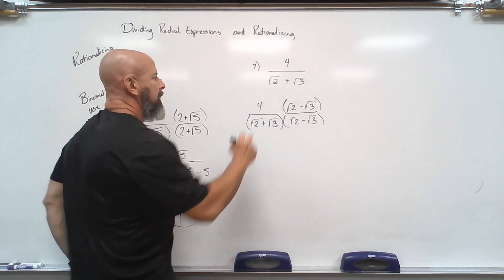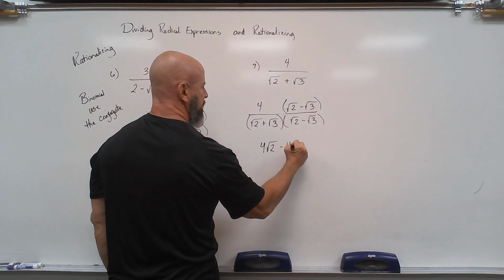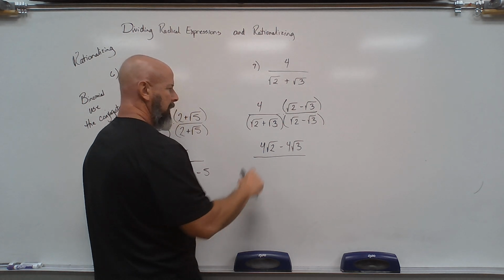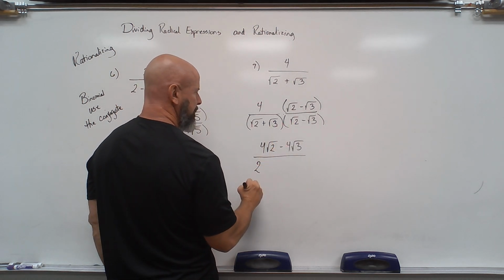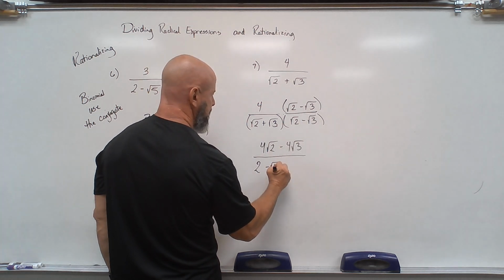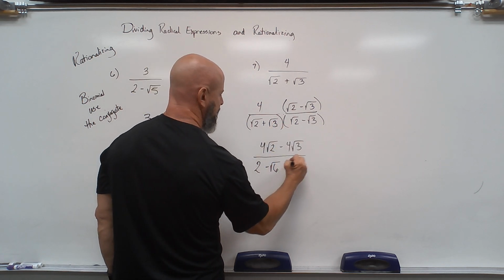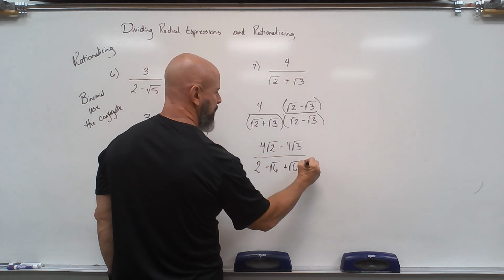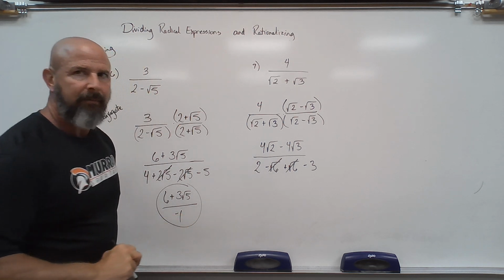Let's distribute. 4 root 2 minus 4 root 3 over, root 2 times root 2 is 2. Root 2 times negative root 3 is negative root 6. Root 3 times root 2 is positive root 6. And then root 3 times negative root 3 is negative 3, and there's where those two radicals subtracted out.